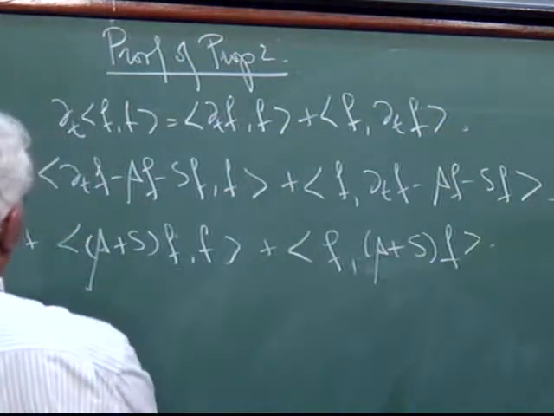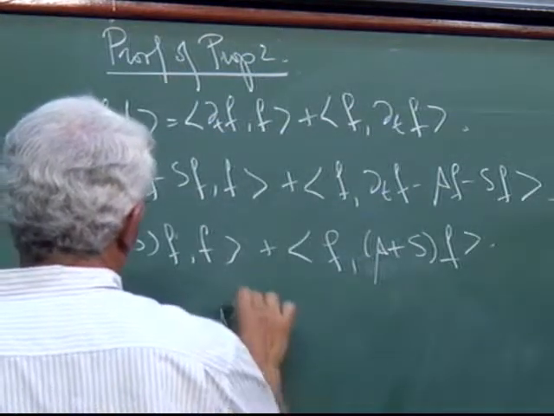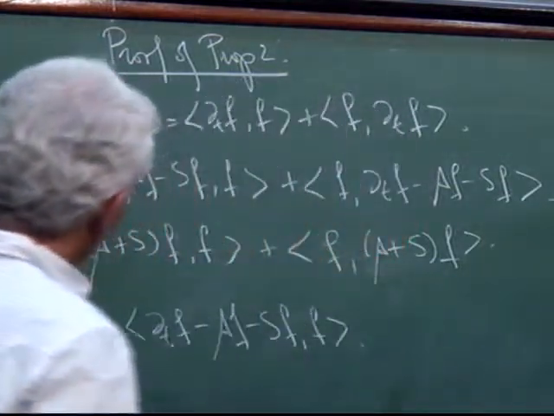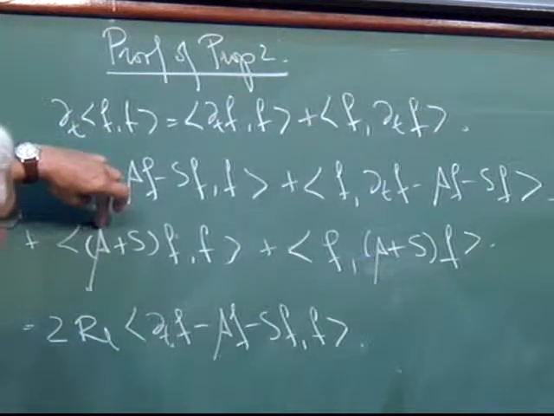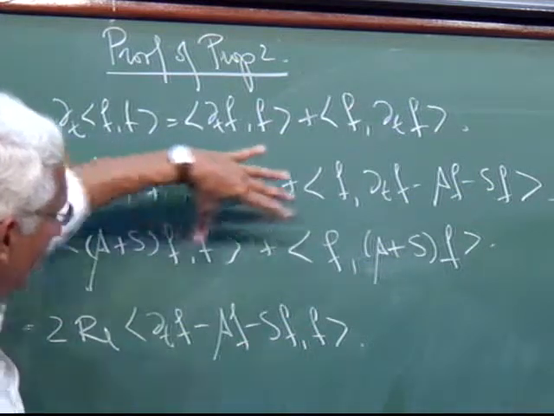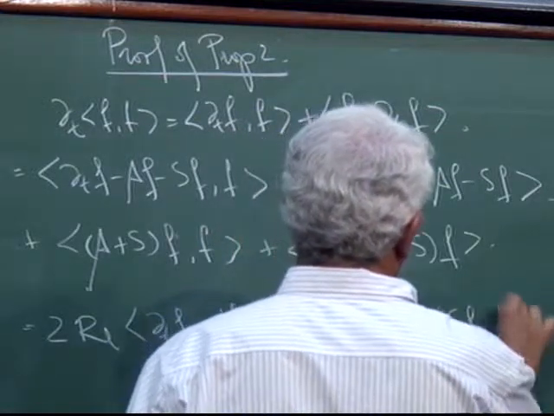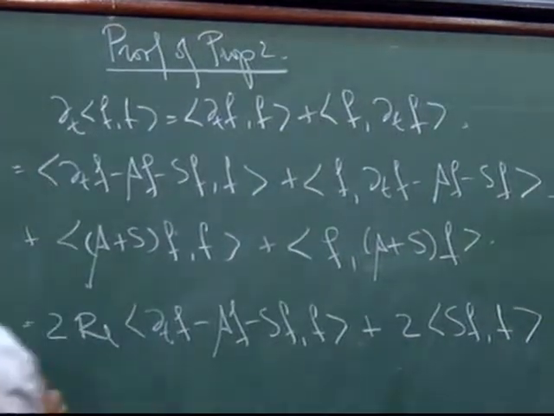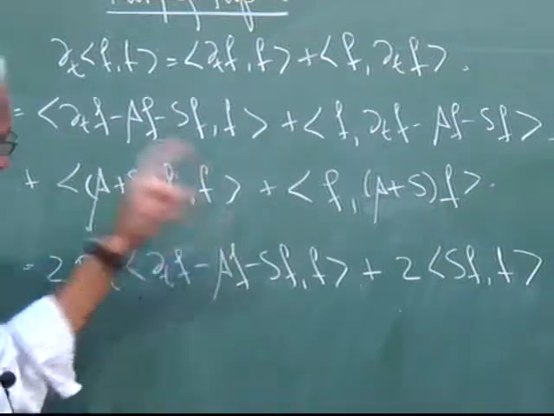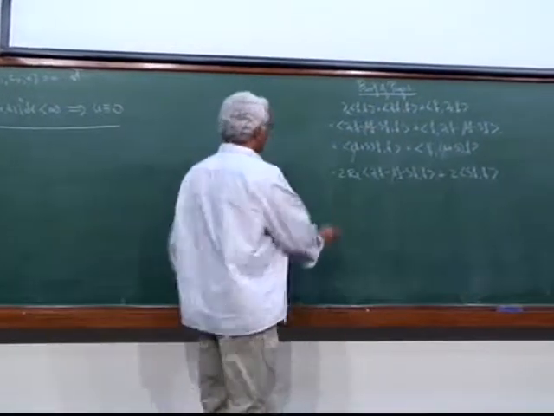And this is equal to twice the real part of dt of f minus A of f minus S of f. Now the A part disappears, because A is skew symmetric. When you apply A by itself, the pieces cancel because it is skew symmetric. Then you have twice S of f by f. So we have proved that this quantity equals this quantity. Is this clear? Then we have proved this.